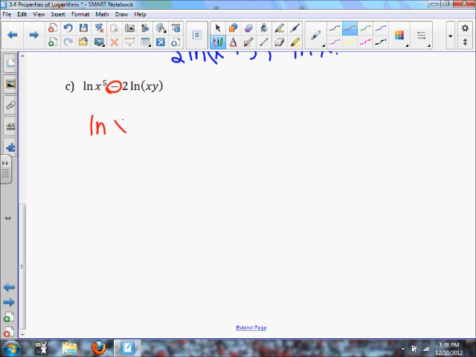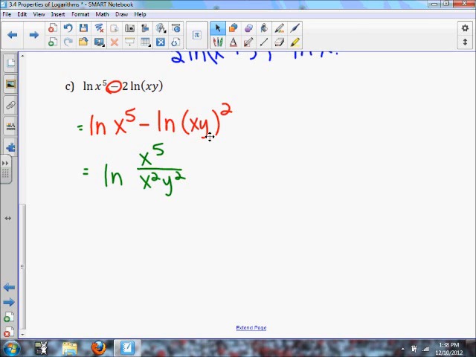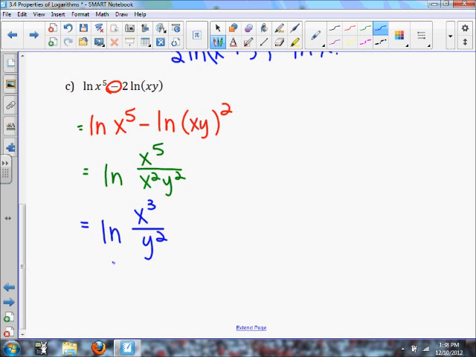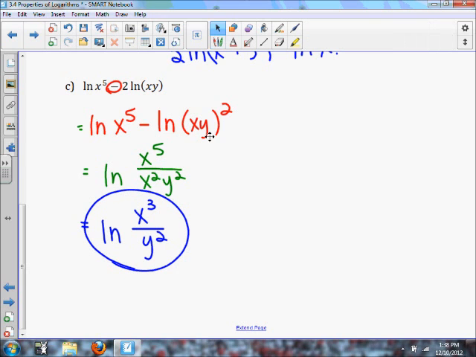So really I'll have this here. Now combining this, I'd go like this. Because I'm subtracting, I'd really be dividing, which means I'd have ln of x to the third over y squared. There are 3 more x's on top than there are on the bottom.